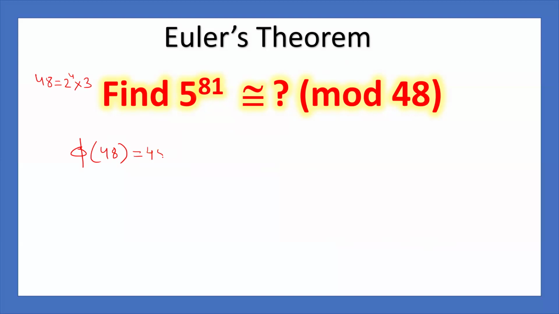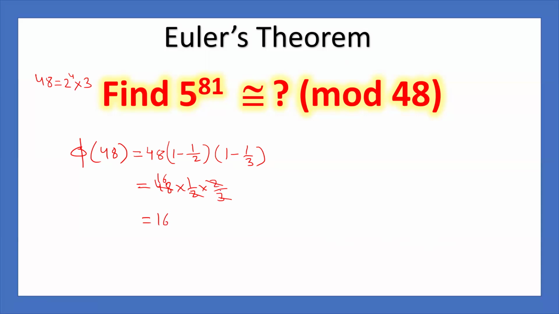So phi(48) is 48 times (1 minus 1 by 2), the prime factor of 48, times (1 minus 1 by 3). That is 48 into 1 by 2 into 2 by 3. Cancelling, this gives us 16.